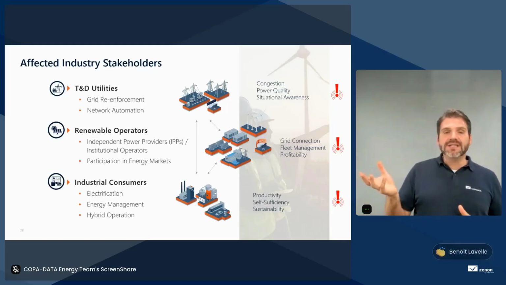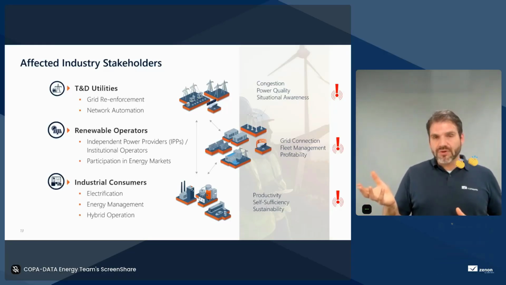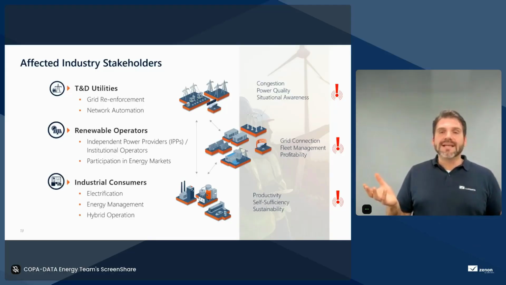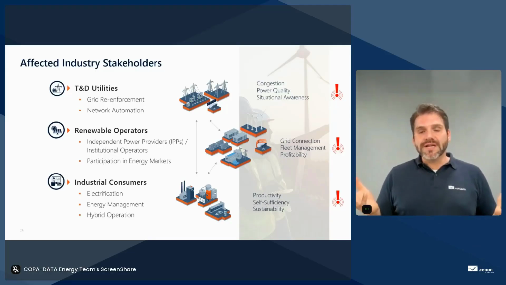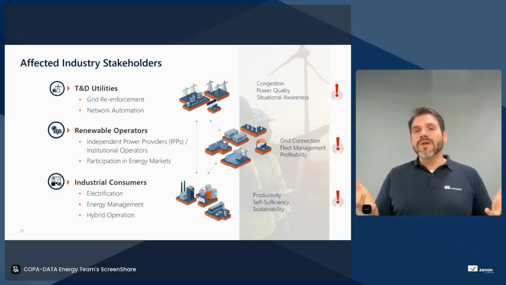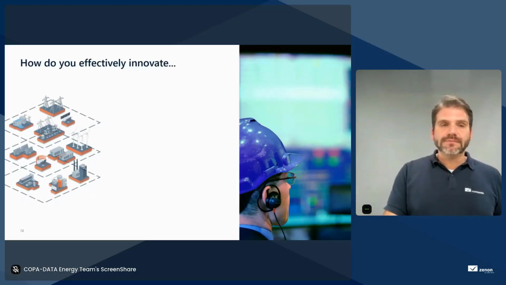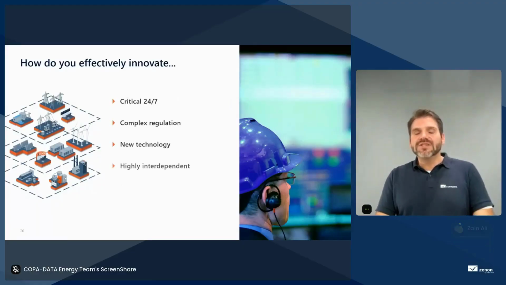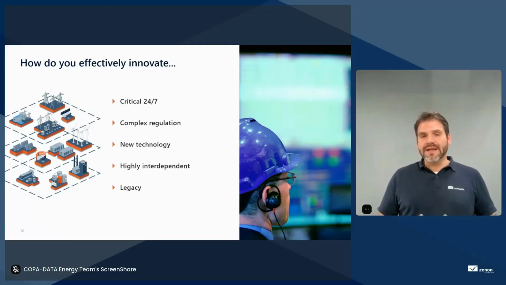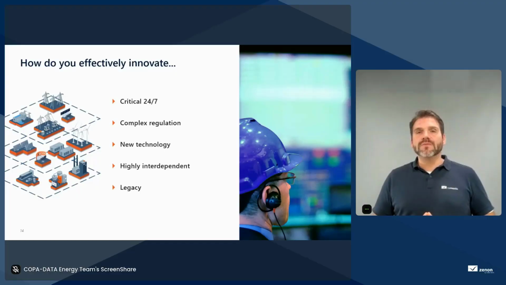On one hand side, I need to run my production process, my refinery, my manufacturing process properly, and on the other hand side, I want to orchestrate that with generation or storage from renewable energy sources. So the challenge is now, how do you effectively innovate in this landscape where there's a critical infrastructure, something that has to be up and running 24/7.